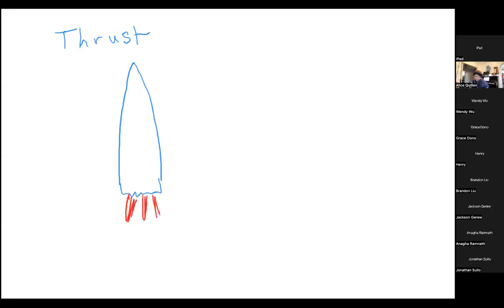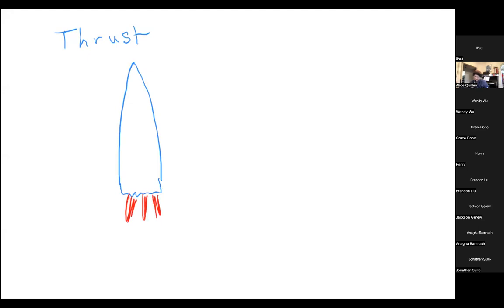So now let's talk about thrust. What do we mean by thrust? You've got this rocket. Let's draw some cute little rocket, with little flames down here.